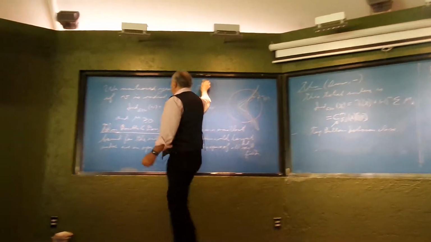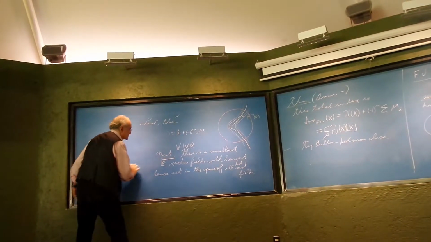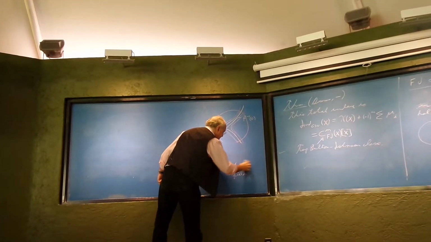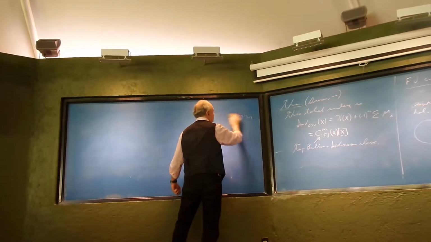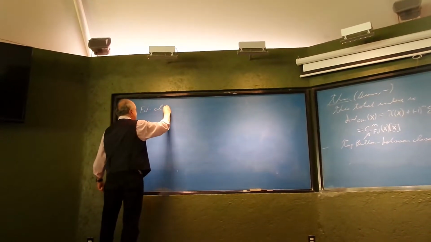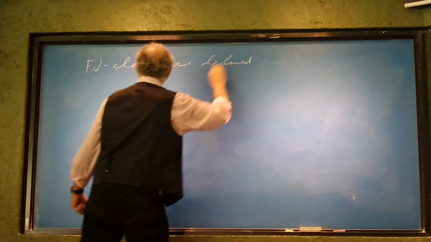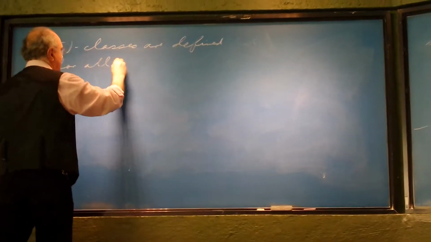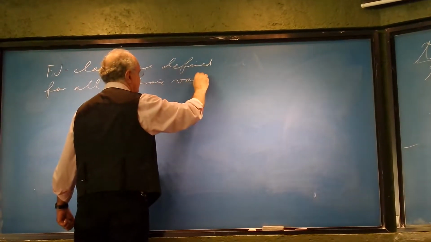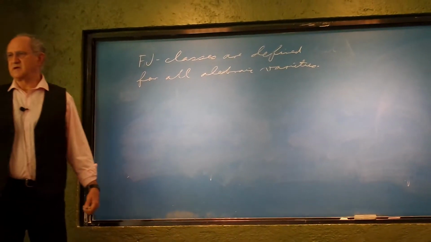Now, I will not define it, but one knows that the Fulton-Johnson classes are defined for all algebraic varieties, using algebraic geometry.